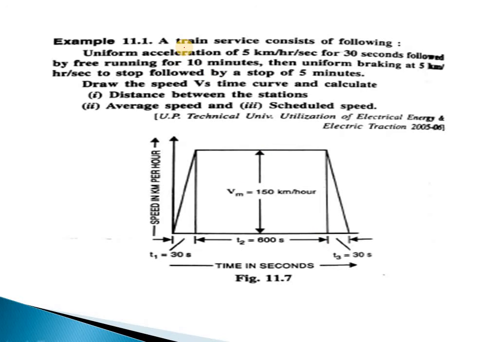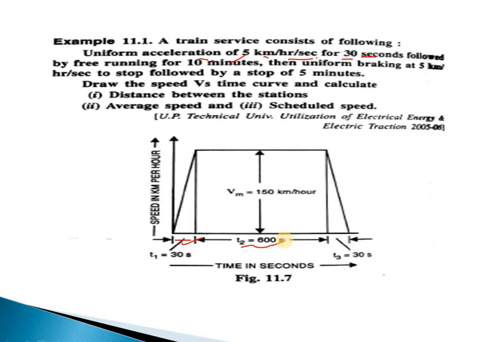A train service consists of the following: uniform acceleration of 5 km per hour per second for 30 seconds. That means the acceleration time for this process is 30 seconds. Then free running for 10 minutes. 10 minutes free running means definitely 10 into 60, that is 600 seconds.